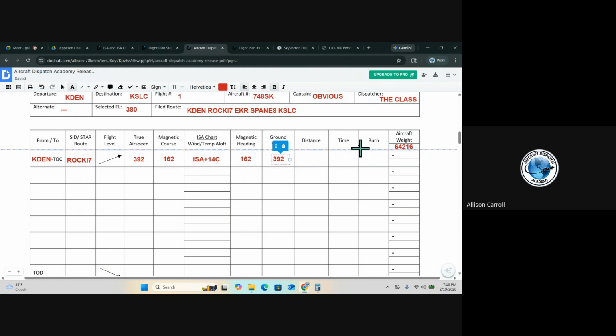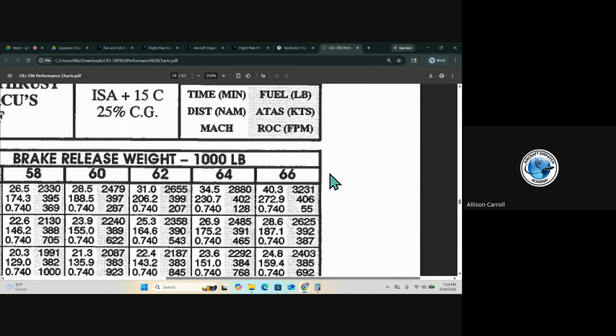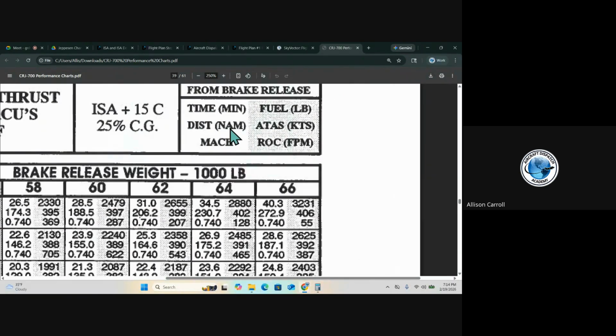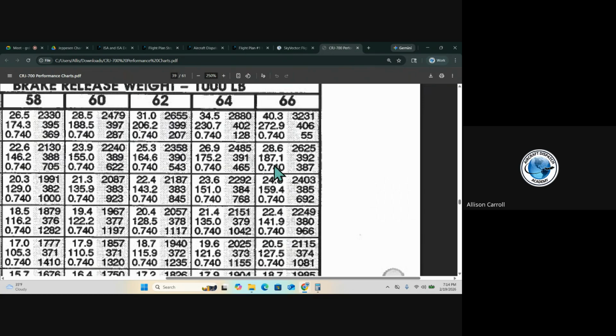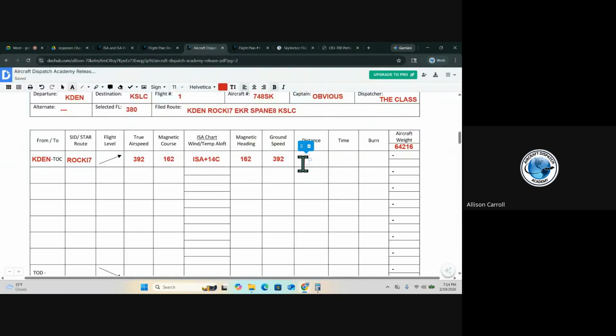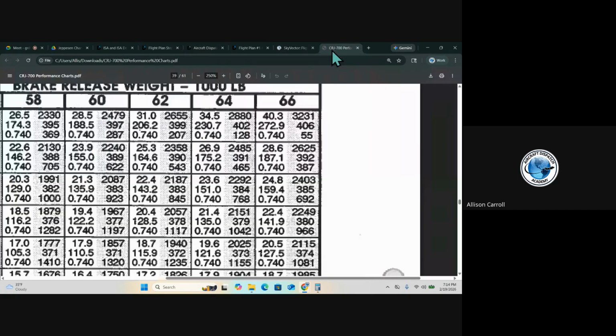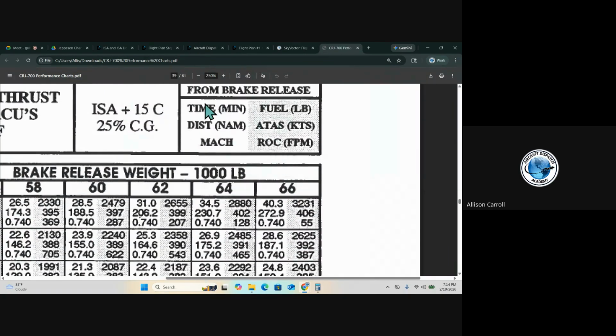All right, distance, time, and burn. Guess what? Those are all on the performance chart that we were just looking at right here. Distance is right here in the middle on the left side. So 187.1. Time is right up above it.